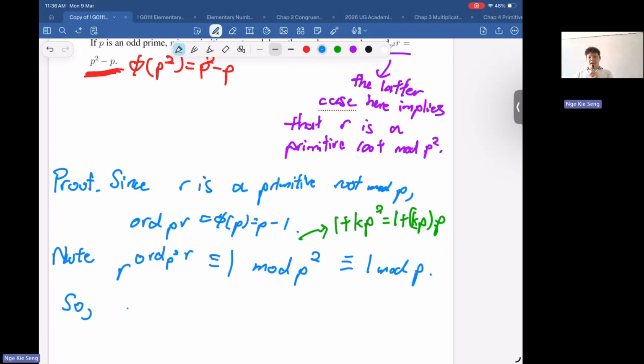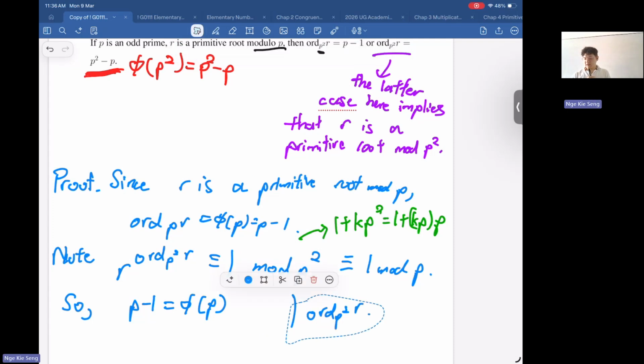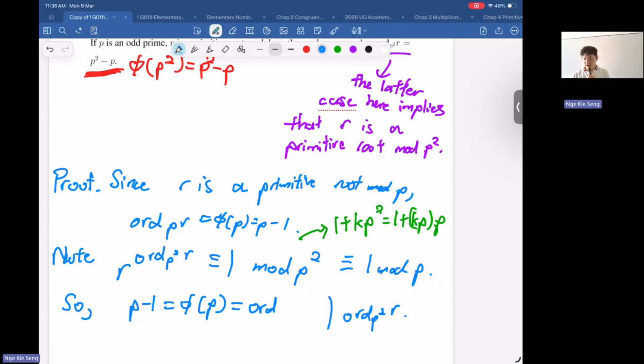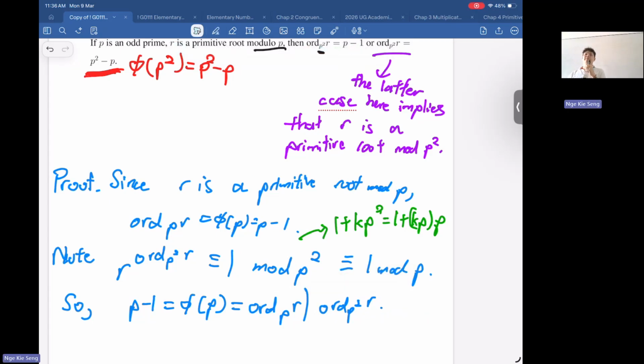This means that p minus 1, or phi of p, has to divide the order mod p square, because this phi of p is the order of r. The order of r mod p must divide any power that makes it 1. This is a very important point you have to remember.